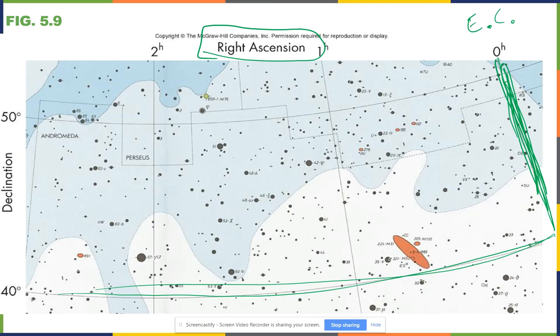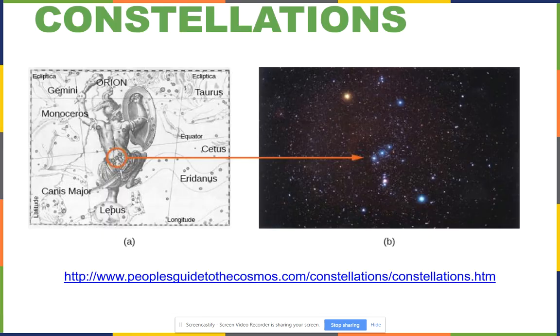And you can see here, once again, this is showing constellations. You have the constellation Andromeda next to Perseus, and we'll spend some time learning about these constellations, but I'm not going to spend time on that right now. Just one last constellation. You can see Orion here.